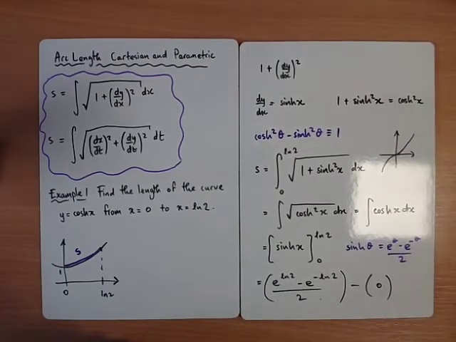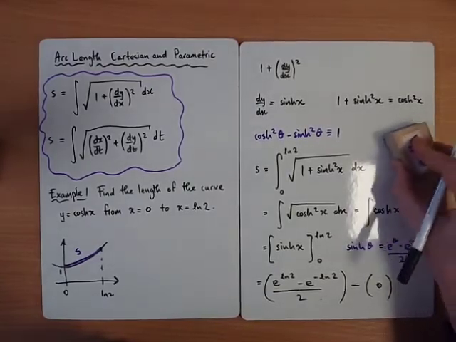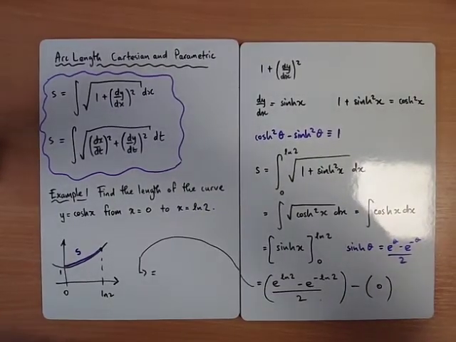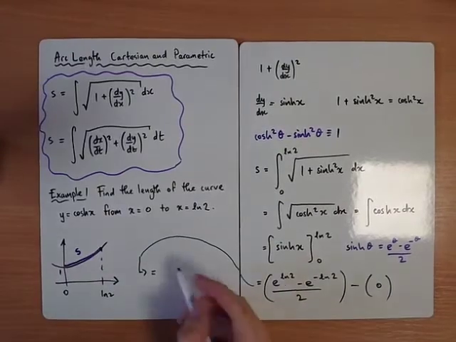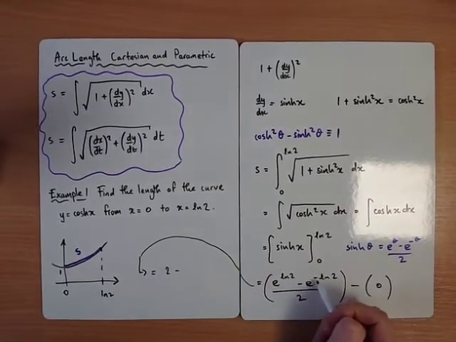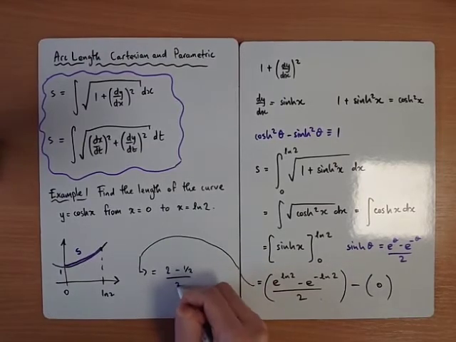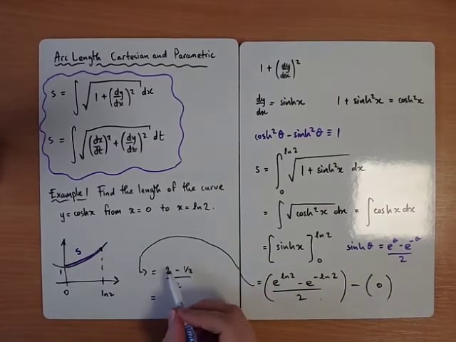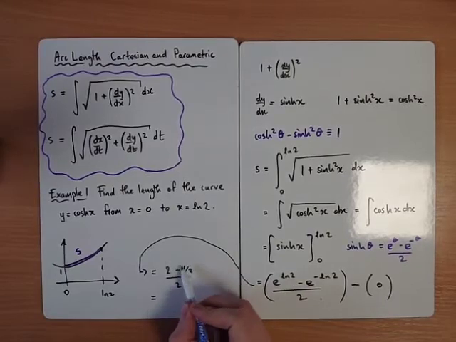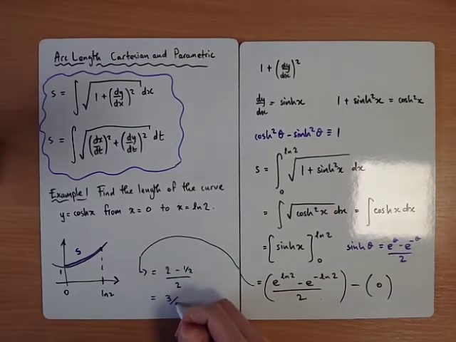Sinh of 0 would just be 0, wouldn't it? Okay. So that will give me 2 minus 2 to the minus 1, all divided by 2. So it's 2 minus half, 3 over 2, divided by 2, so 3 over 4.